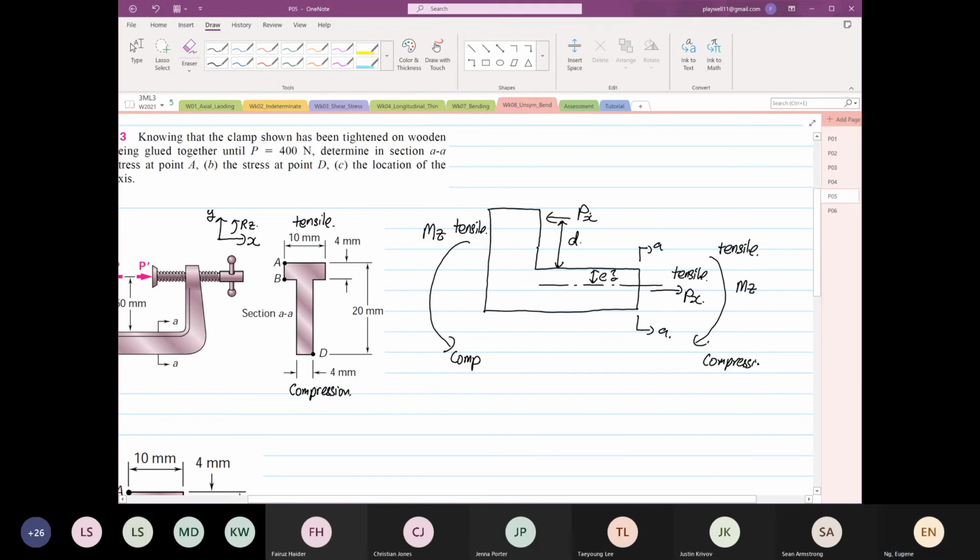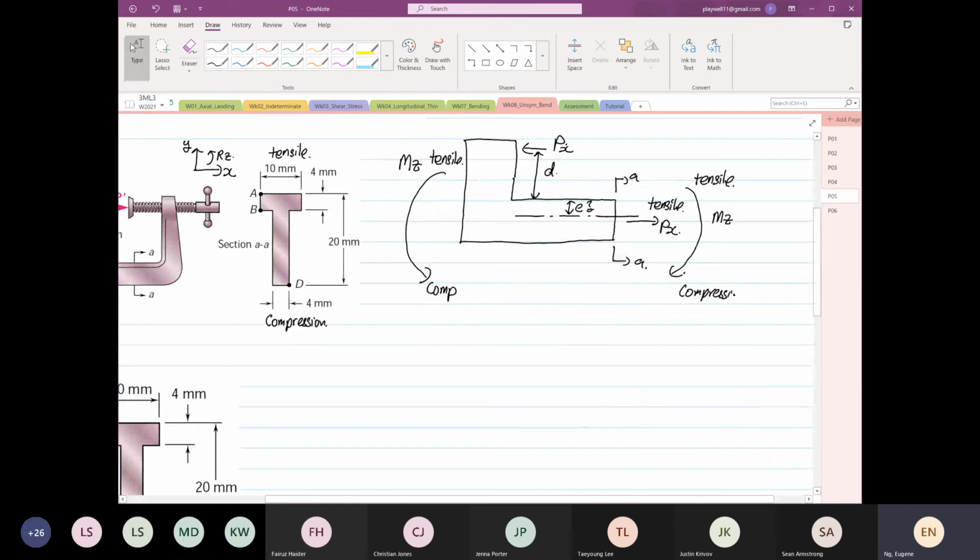So we know that the formula is stress X is equal to Px over A, plus by Mz over Izz multiplied by Y.